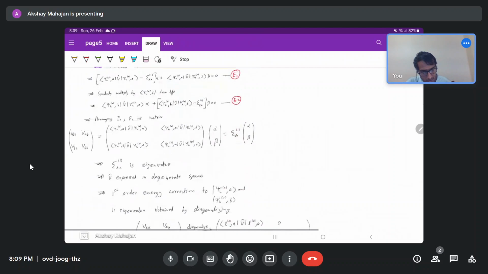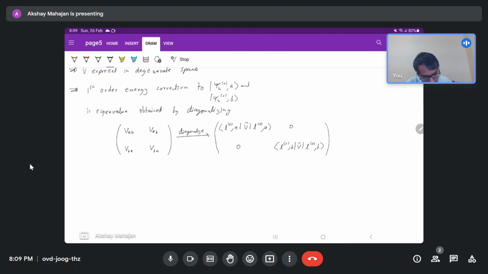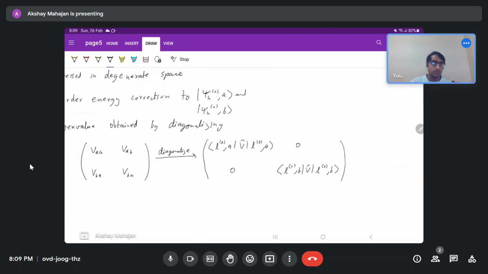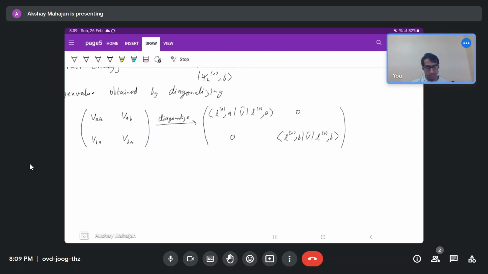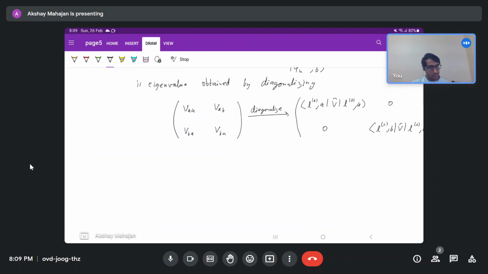So the main point is this is what we have derived. We can see this problem as a 2-fold degeneracy, and you can compare it with the D-fold degeneracy as well. You just have to make a V matrix, and then diagonalize it.